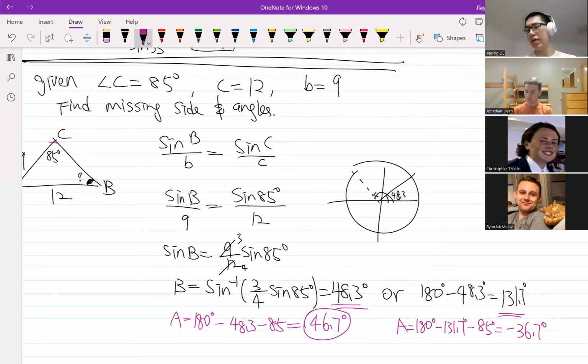Now, you know that in a triangle, the angle has to be from 0 to 180 degrees. You cannot have a negative angle. So this is the problem, not a possible angle. So we don't have to consider the second angle for B, because the second triangle doesn't exist. Only one triangle.